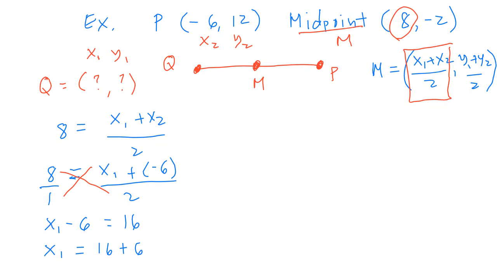And then our x1 now is equal to 22. So that's our first answer. X1 is 22. So 22 should be actually the x coordinate for Q.